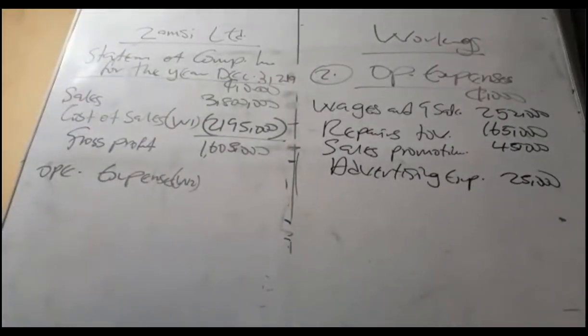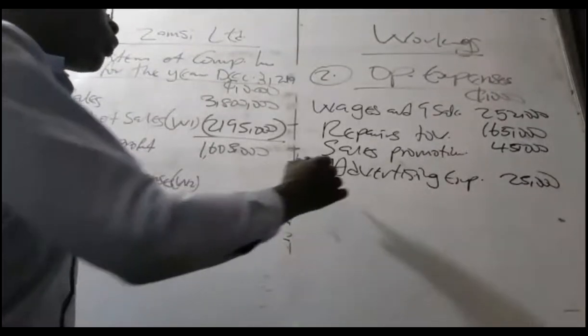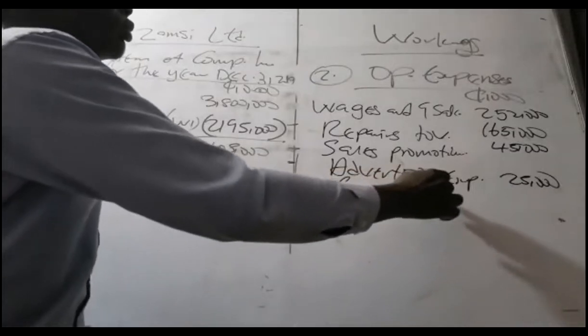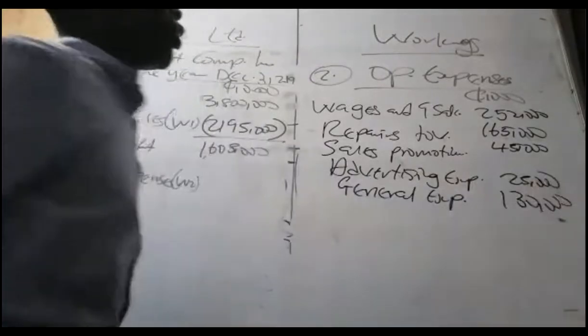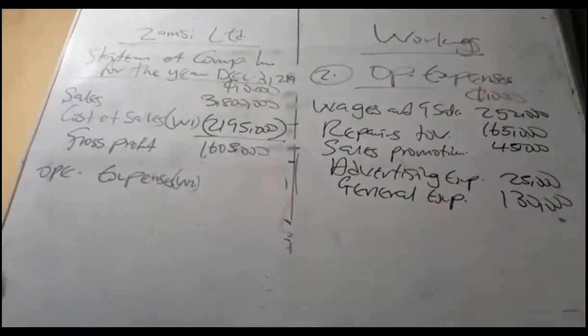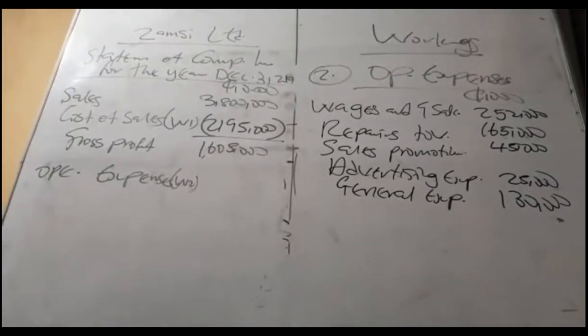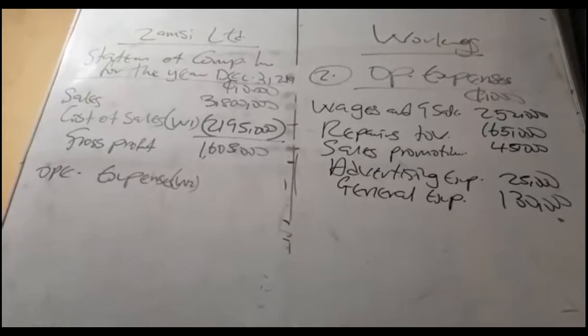The last item, general expenses, is 130,000. So this is what we will do. Then next is scanning. So let's go and continue the scanning.